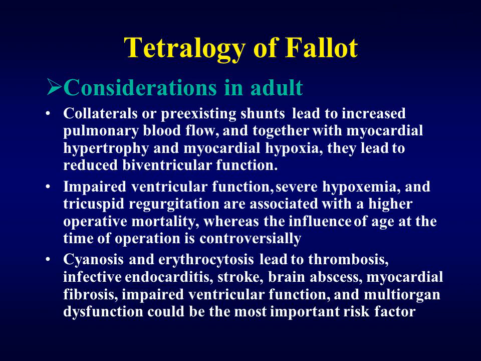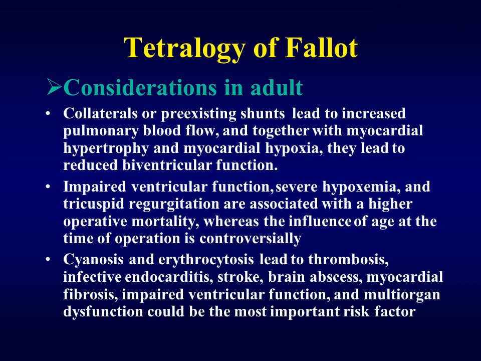Tetralogy of Fallot considerations in adults. Collaterals or pre-existing shunts lead to increased pulmonary blood flow, and together with myocardial hypertrophy and myocardial hypoxia, they lead to reduced biventricular function.